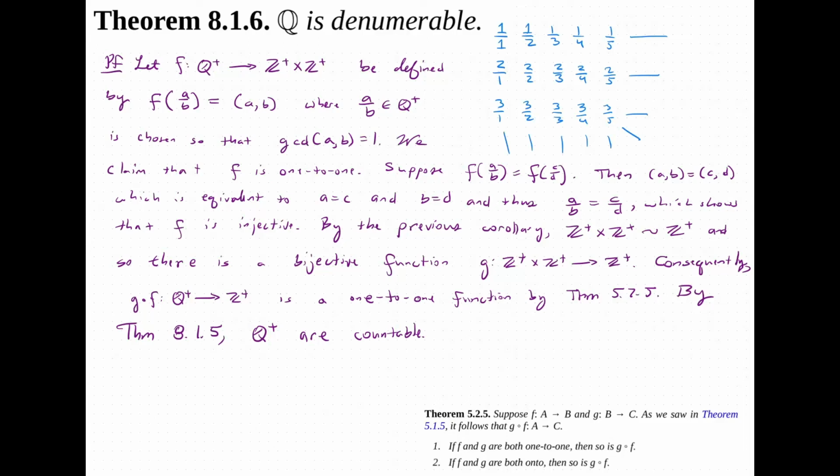But this is not quite what we want. We wanted to show that the rational numbers is countable. Well, the good thing is, this also tells us that the negative rational numbers are countable.